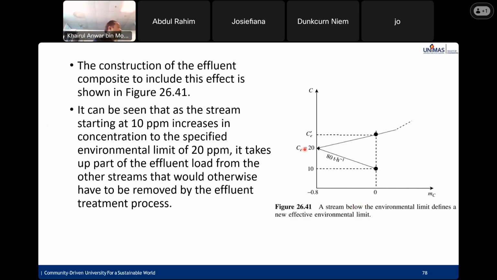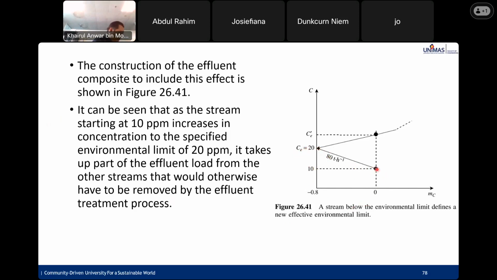The environmental limit is 20 ppm. However, for stream 4, the concentration is only 10 ppm.